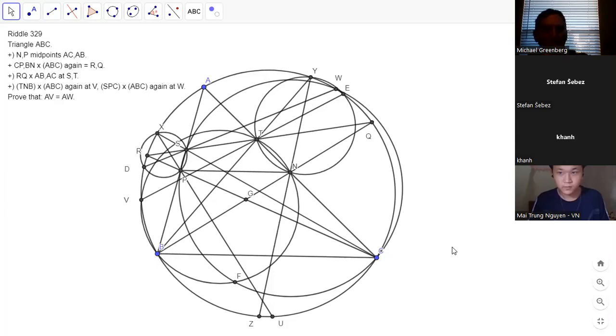So then you would need to show that sine XCA over sine BCA.